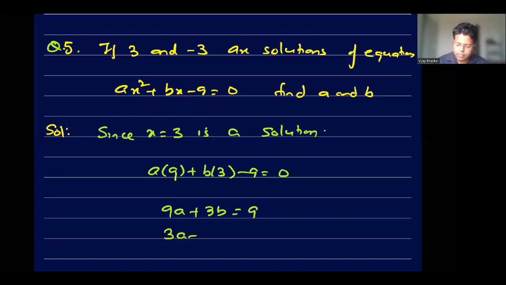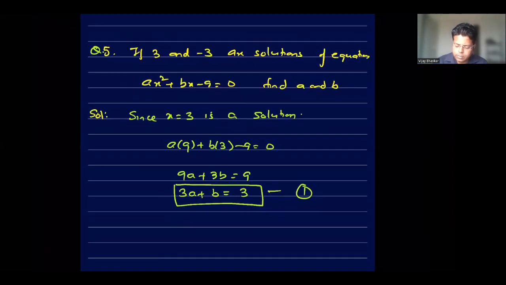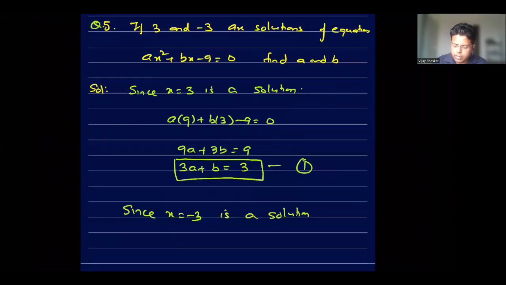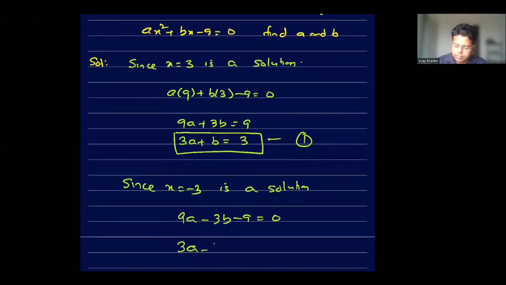I can simplify by taking 3 common from both of these. So we'll get this. Correct. This is the simplified answer. Now, since x equal to minus 3 is also a solution, substitute in place of x, so we'll get 9a again. Minus 3b minus 9 equal to 0. Divide by 3. So we'll get this.